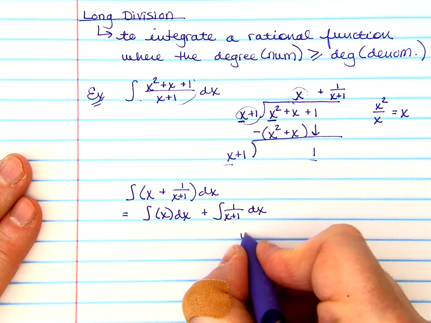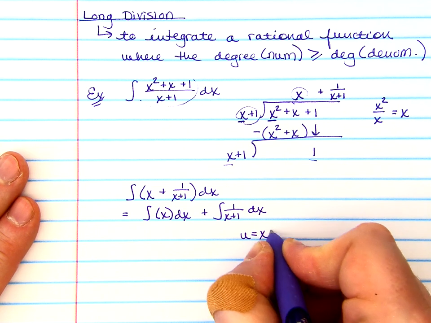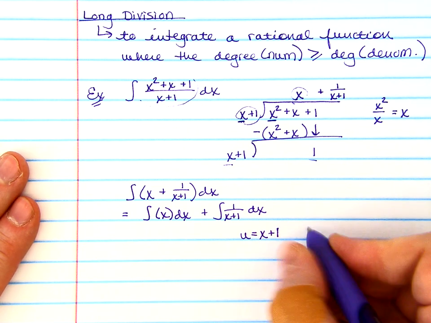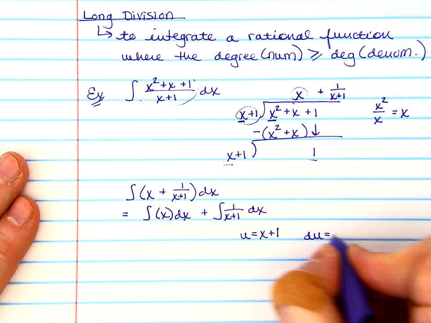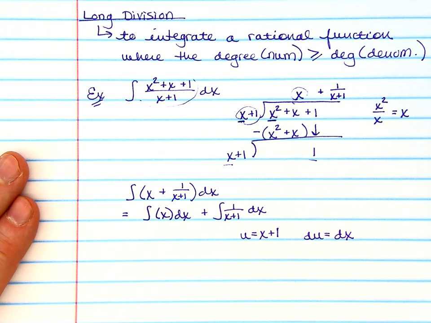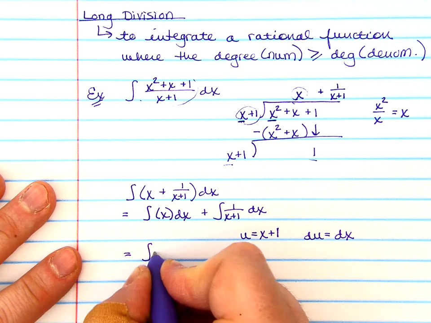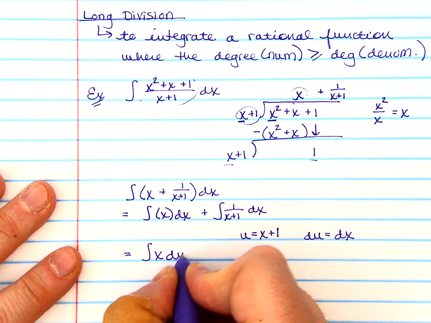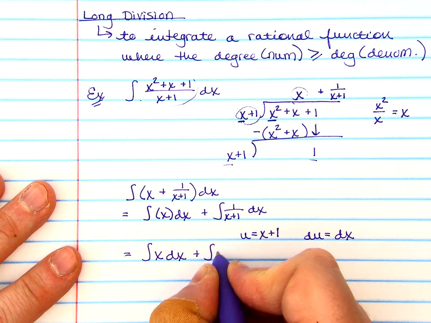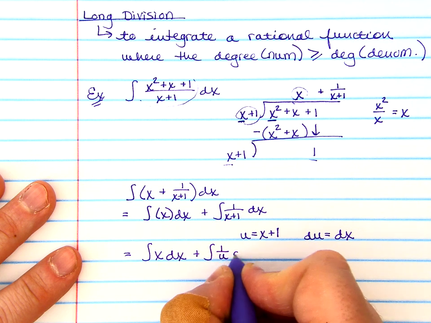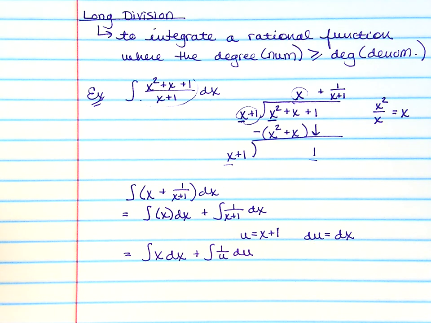I'm going to set up my u substitution and say that u equals x plus 1 and du equals dx, which will make this the integral of x dx plus the integral of 1 over u du, or of course just du over u.